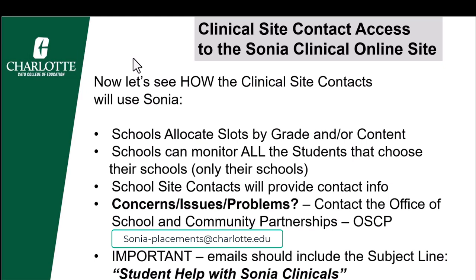There's the email address. Now, very, very importantly, lots of emails come to that email address. So in order to filter the emails to the right people, in the subject line, if you're having trouble with Sonia, you need to put Student Help with Sonia Clinicals. That way, that email of yours will be filtered to the right person so that they can answer it and help get you back on the right track.